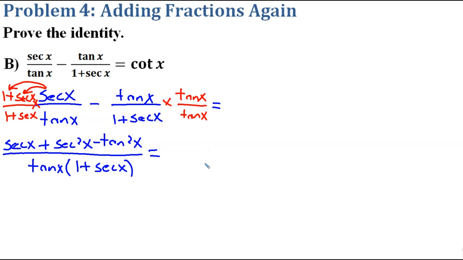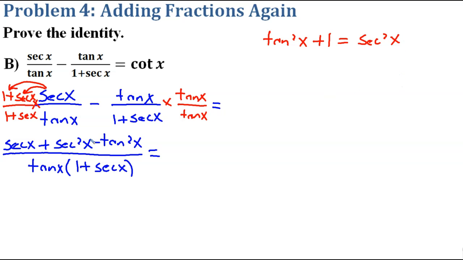Okay, and then here, when I have squared stuff minus squared stuff, think Pythagorean identities. It looks like I could do something with this secant squared minus tangent squared. If I pull up my identity with the tangent and the secant, it is that tangent squared x plus 1 is equal to secant squared x.